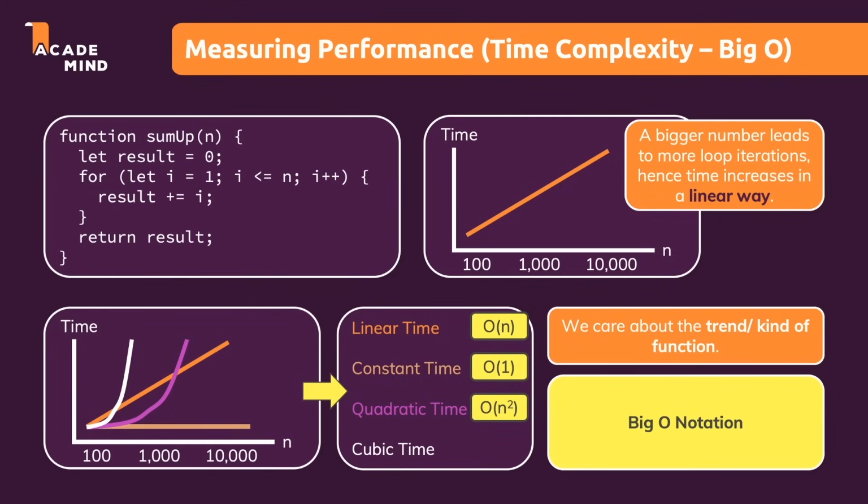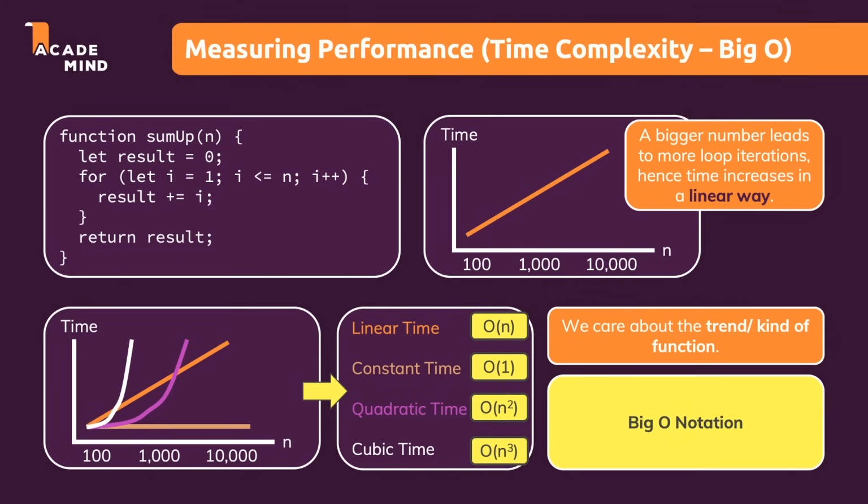Quadratic would be n squared. Cubic would be n with an exponent of 3. And you've got other time complexities as well, and you will see them throughout the course. We're using this because it's very easy to add this as an annotation in your code, or to tell your interviewer that this solution has a complexity of O of n, so linear time complexity.